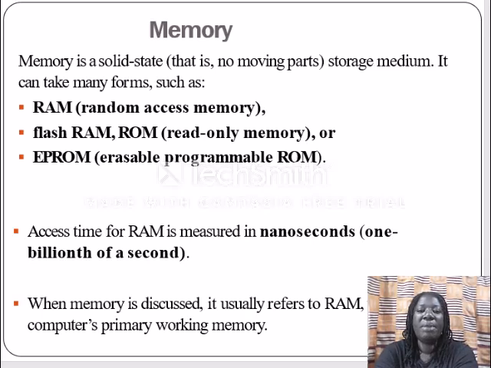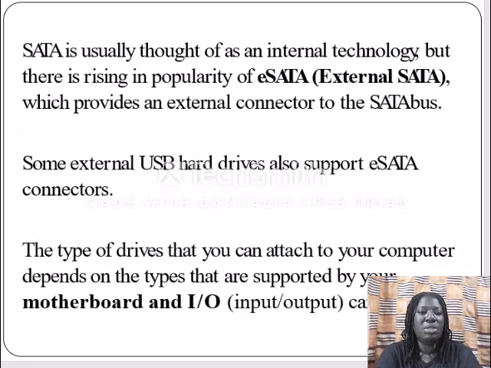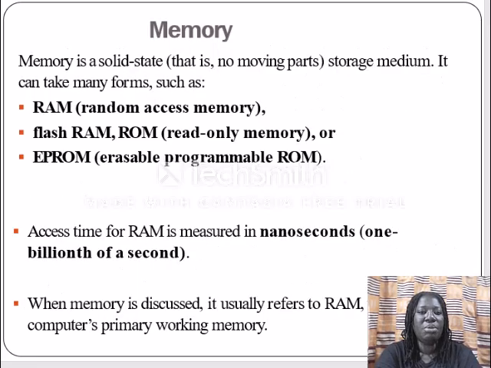Access time for the RAM is measured in nanoseconds, that is one billionth of a second. When memory is discussed, it usually refers to the RAM, which is the computer's primary storage memory.